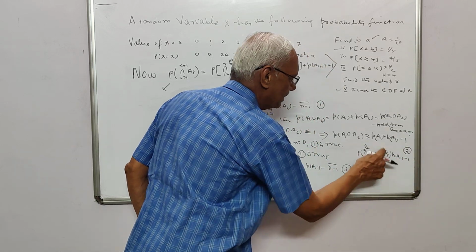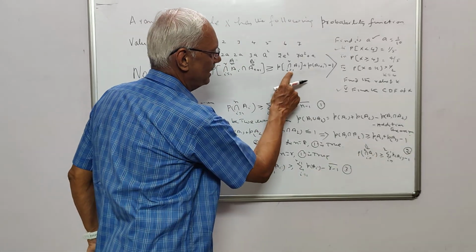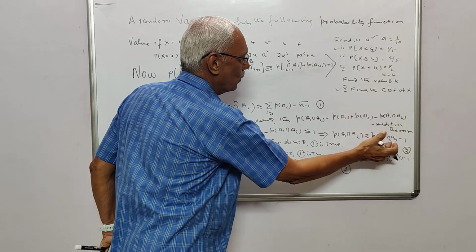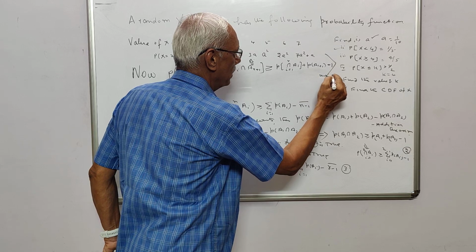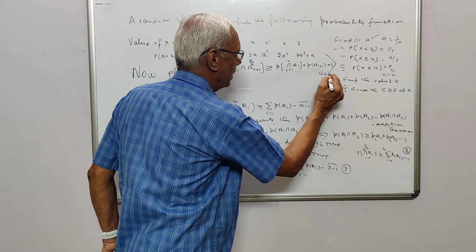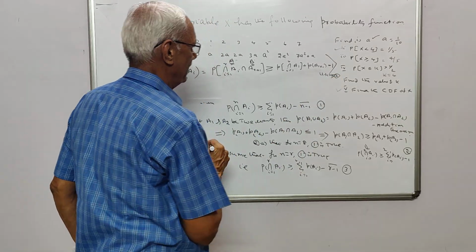These two are the same, so I can write it in this fashion. Consider this as your A and this as your B. So applying 2, using 2, I am writing like this.